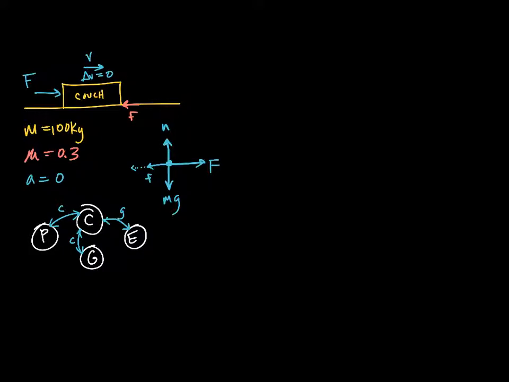So when I go to sum the forces, I'm going to sum them in the y direction. This is the first time in this problem set where we have two directions to account for. In the y direction, there's the normal force up minus the weight force down, and it's not moving in the y direction. So what this means is the normal force equals mg.